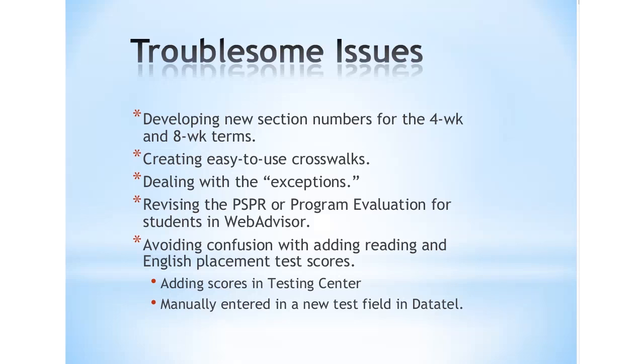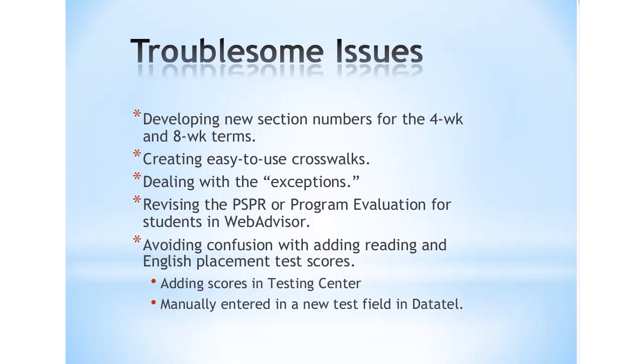And the folks that run our systems here, it was difficult for them to run reports if we used section numbers that had been previously allocated to another type of class. We have section numbers that are allocated to online classes and hybrid classes and high school classes and summer classes and evening and day and Watauga. And so it was very difficult. And in the end, I don't know that anybody is really quite happy with what we came up with for section numbering. But we did develop a new section numbering scheme for the 4-week and the 8-week terms.